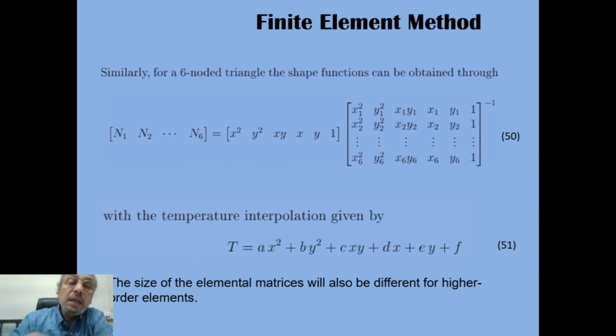And there the temperature interpolation is given by this polynomial: a x square plus b y square plus c xy plus d x plus e y plus f. The size of the elemental matrices will also be different for higher order elements.